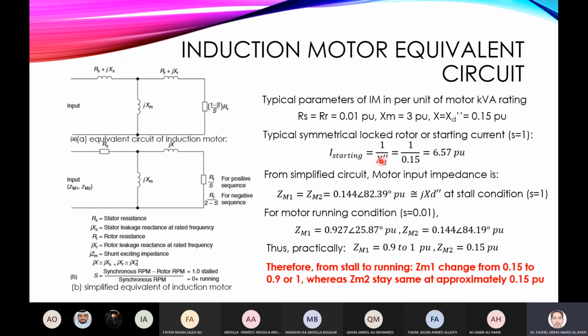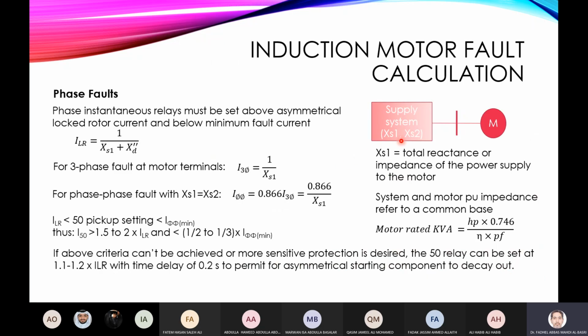Now, when you have a non-infinite source, which has reactance, then the equivalent is the source impedance plus the motor starting impedance. That gives you the locked rotor current. So the locked rotor current will reduce, but because the source impedance is very small compared to the motor reactance, this is approximately 1 over XD double prime.